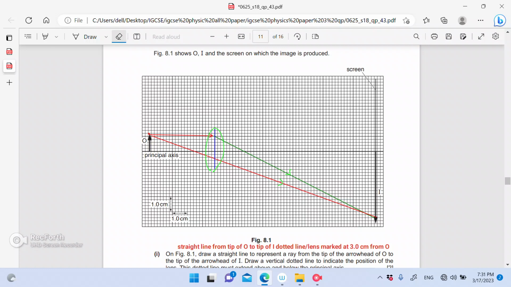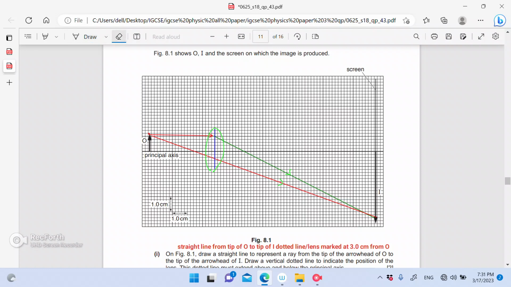As you know, one ray will go straight and bend, and one will go through the center of the lens like this. Suppose this is the object, right? It will go through the center.